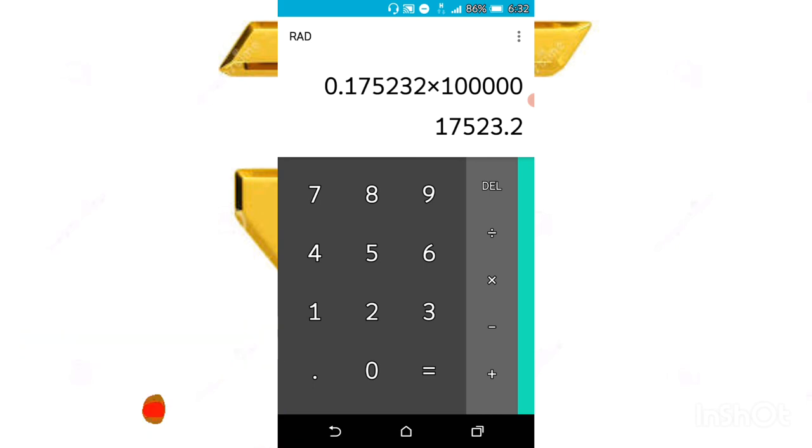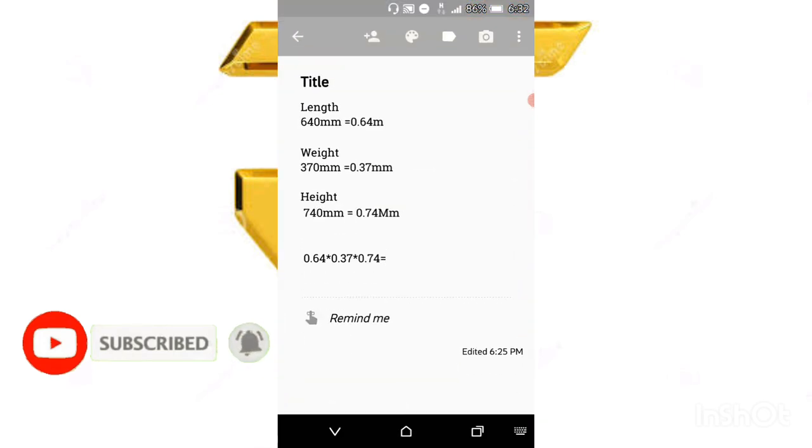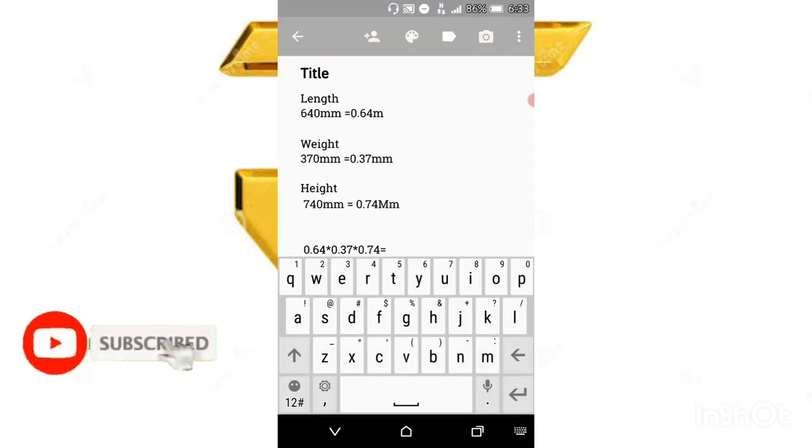So guys, this is the end of the calculation.